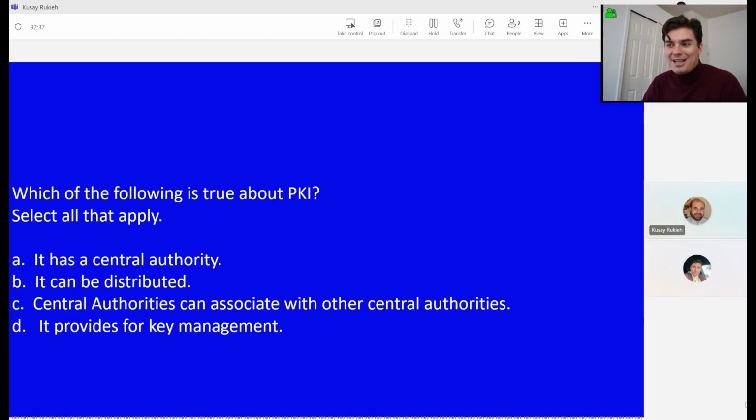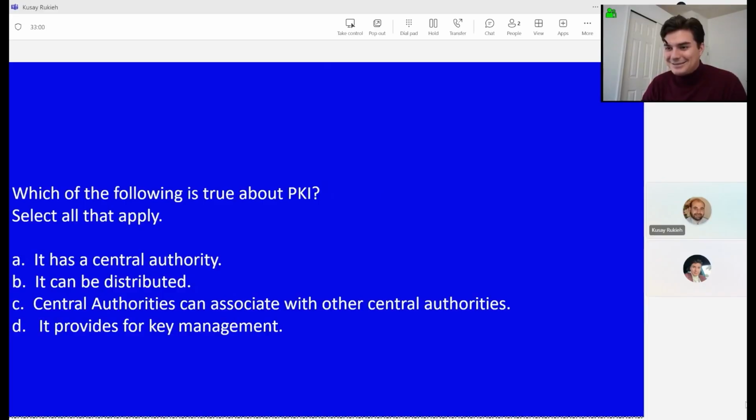It provides for key management. Give me a lot more. It has a central authority. Yep. It can be distributed. That's correct. You have delegate and proxy root RAs, right?